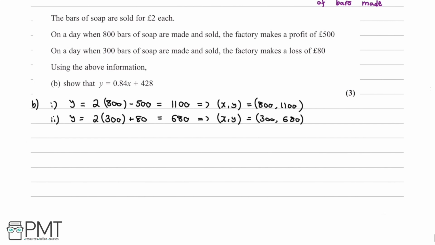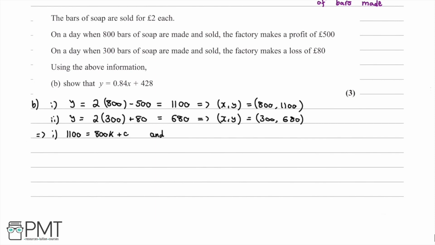So then we remember back to our original equation that we set up in part A of the question with our constants k and c. So this time, for i, we're going to have 1100 is equal to 800k plus c.